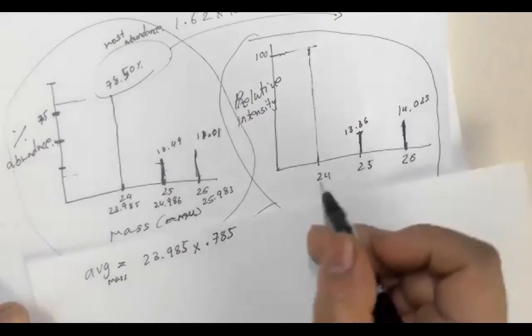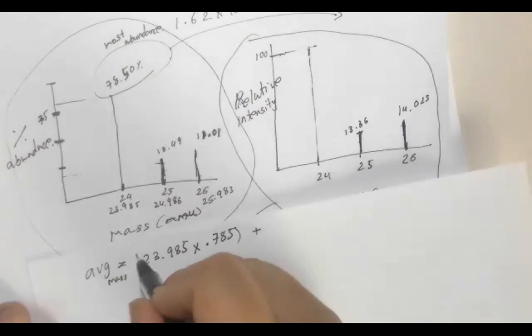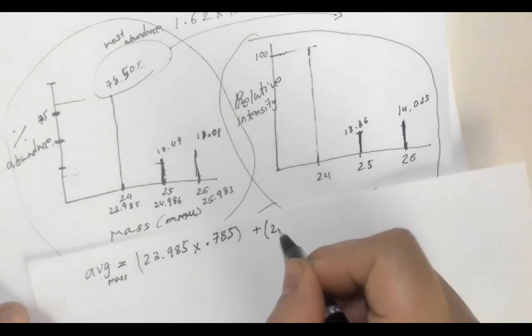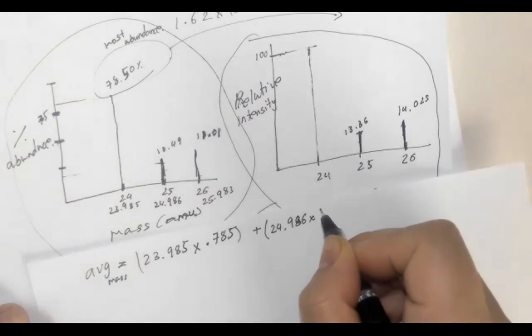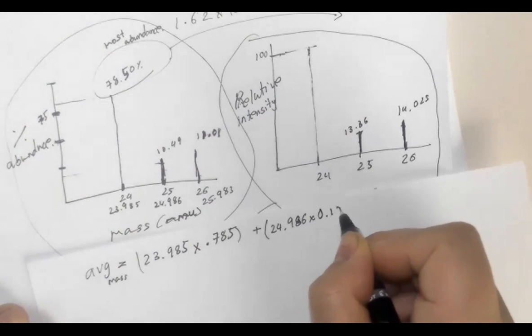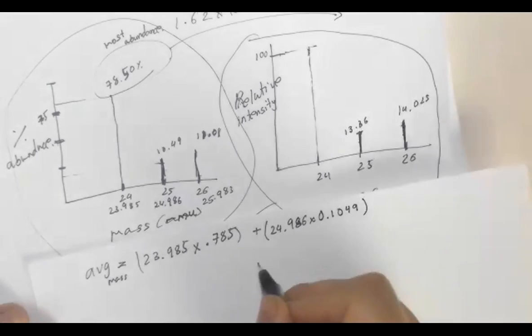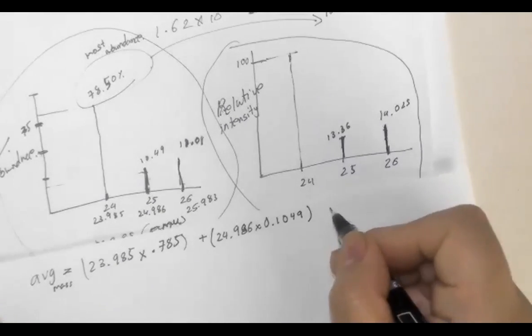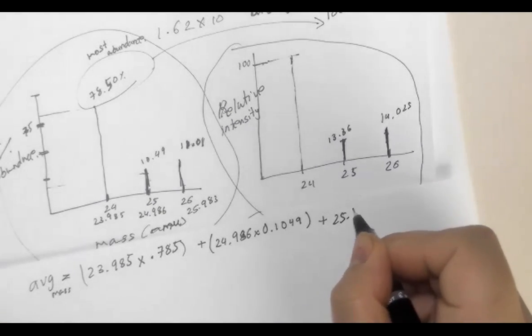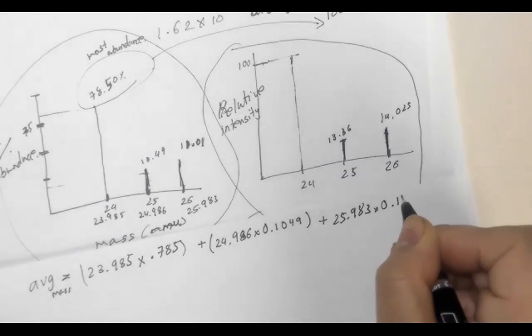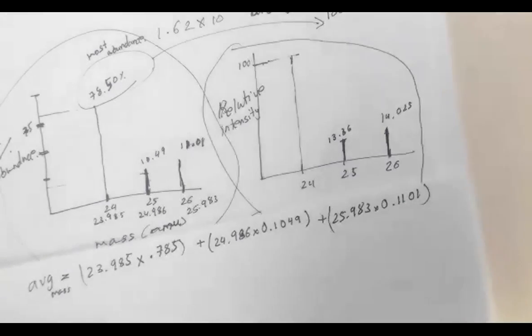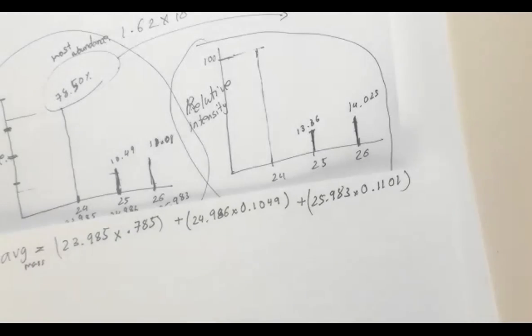Plus 24.986 times 0.1049, and then plus 25.983 times 0.1101. Any questions? Then you solve this, and you get the average mass.